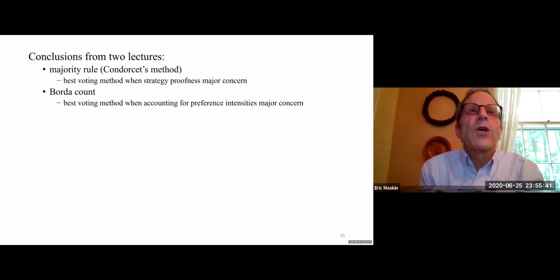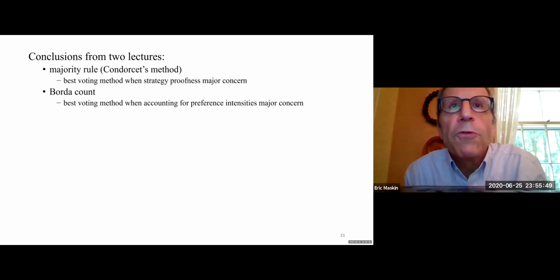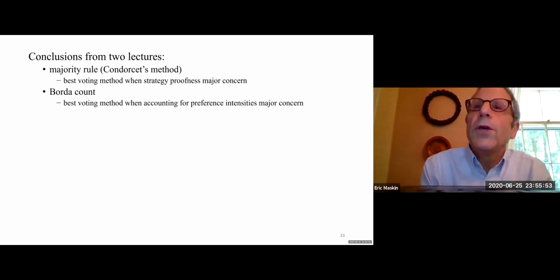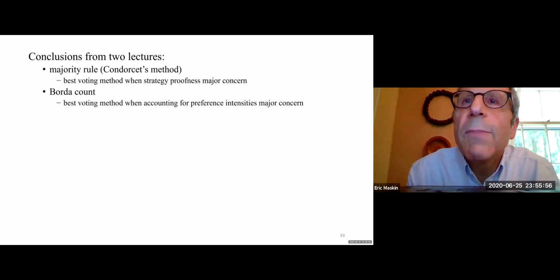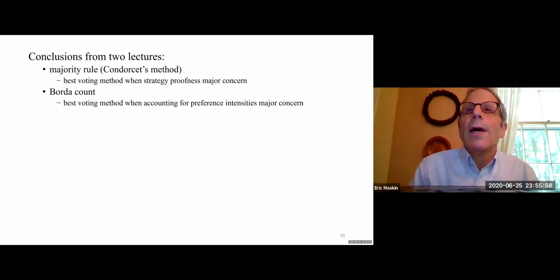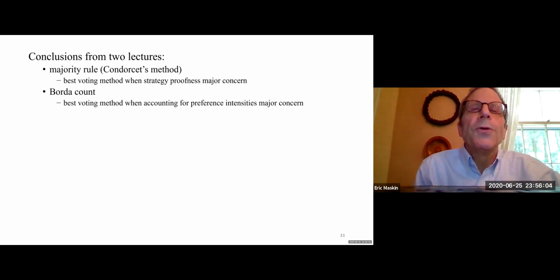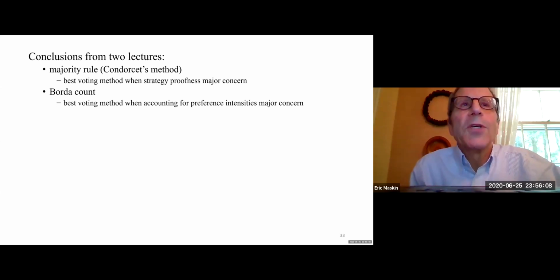So there's a clear-cut sense in which majority rule is the method we want to use when we care about strategy proofness. Borda count is the method we want to use when we care mostly about preference intensities. Unfortunately, and this is going back to Arrow once again, we can't have both at the same time.